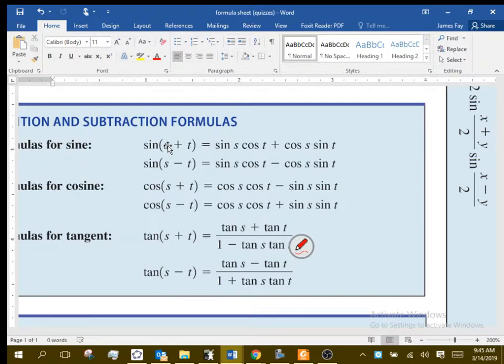Then I can plug those 30s and 45s into the right-hand side, and that will give me the exact value of the sine of 75 or the cosine of 75. Does that make sense? What that allows you to do is take any two numbers, in radians or degrees, off the unit circle, add them together, and now you can find another angle, or another set of ordered pairs, off the unit circle.